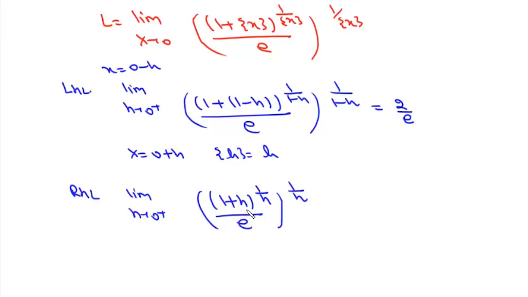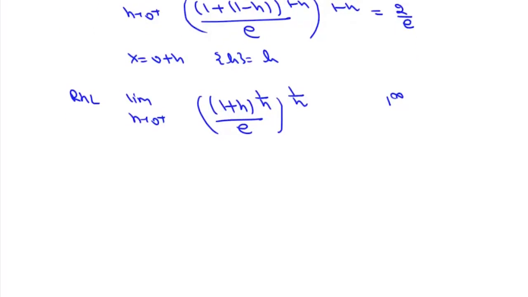Now (1 plus h) to the power 1 by h is e, and e upon e is 1. So this is 1 to the power infinite form, and for 1 to the power infinite form we'll use our shortcut. So it will be e to the power limit h tends to 0 positive, 1 by h, and then (1 plus h) to the power 1 by h upon e minus 1.